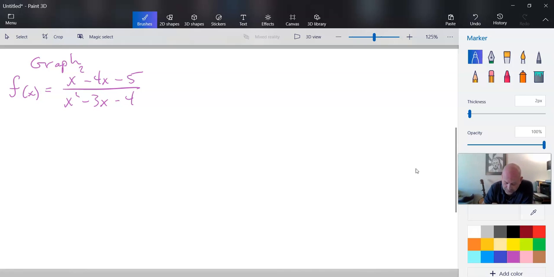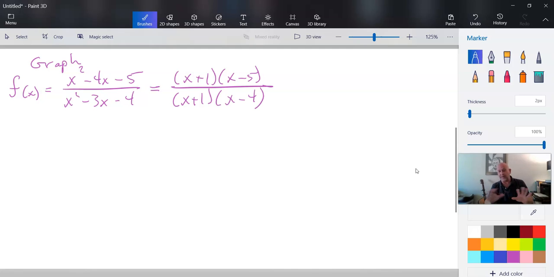And when I say both forms, I mean with the polynomials multiplied out and with them factored as well. So it's good to look at both of those because you get information from both of them. So if I factor this numerator, I get x plus 1 times x minus 5. And if I factor the denominator, I get x plus 1 times x minus 4.